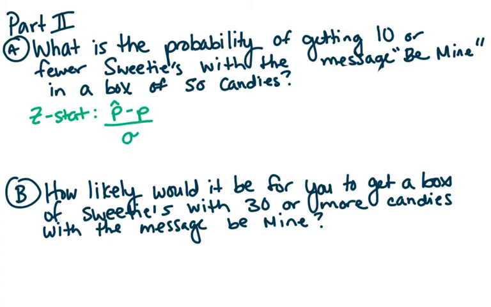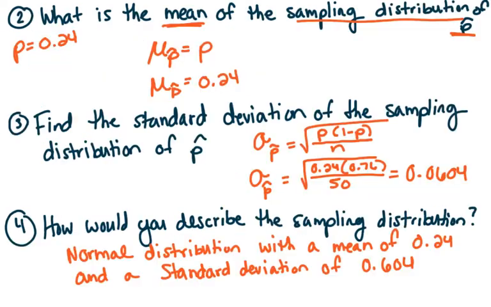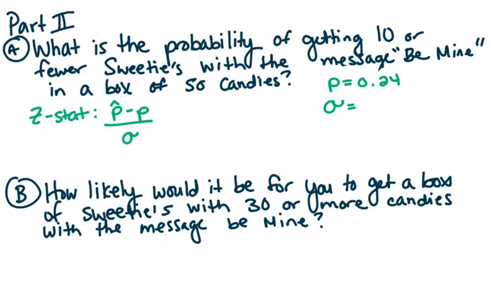It's almost the same thing as when you did the sample mean minus the population mean over the standard deviation. It's really the same concept. Our p we already know from before is 0.24, and our standard deviation from before is 0.0604.